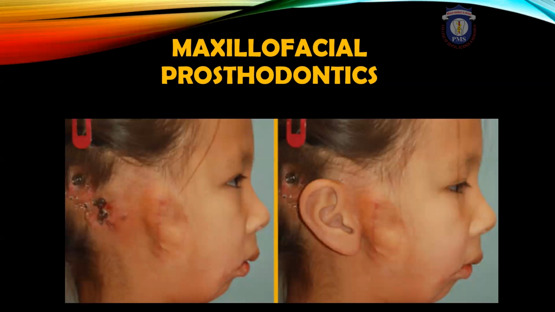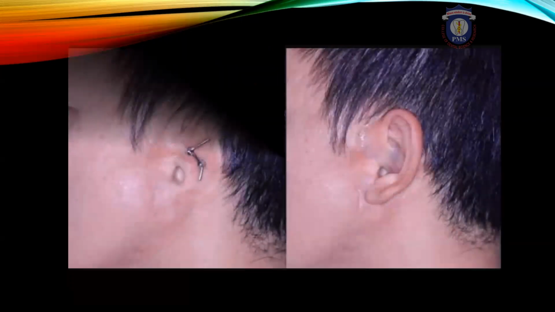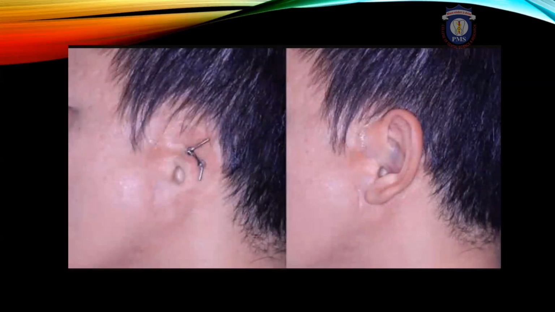In this, implants are being used to get an intact or perfect contact of the prostheses onto the patient. In this slide, you can also appreciate ear prostheses, which are intactly placed, not permanent basically, onto the implant, which is underlying, placed onto the available bone in that region, and an ear silicone prosthesis is placed.